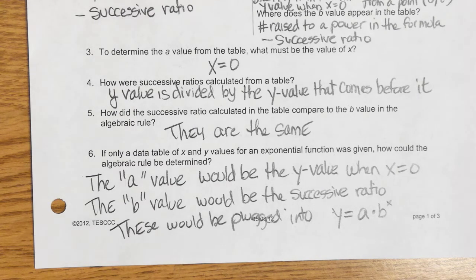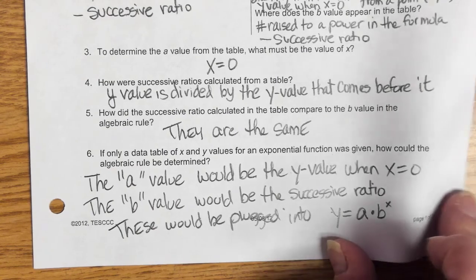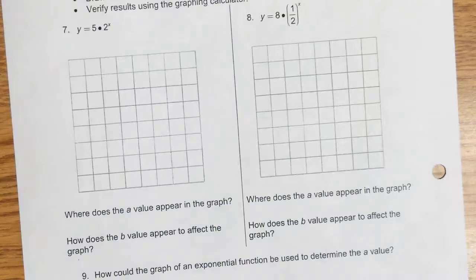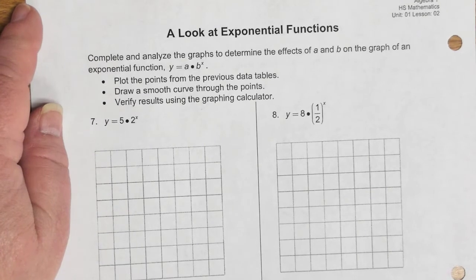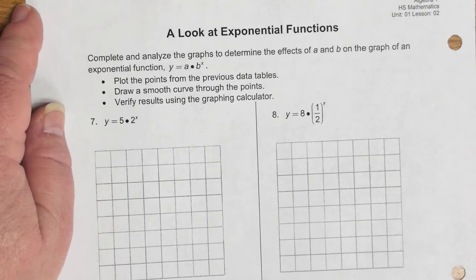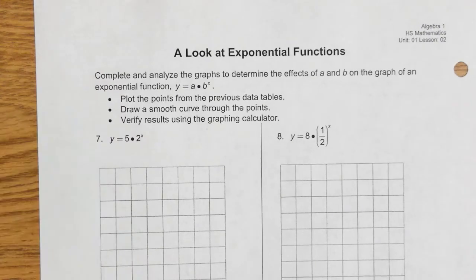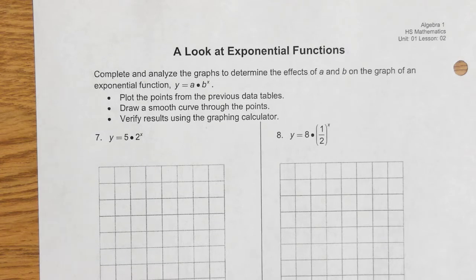Okay, so let's look at exponential functions in a little bit different way. So here it says, complete and analyze the graphs to determine the effects of A and B on the graph of an exponential function, Y equals A times B to the power of X. Plot the points from the previous tables, draw a smooth curve through the points, verify the results using the calculator.